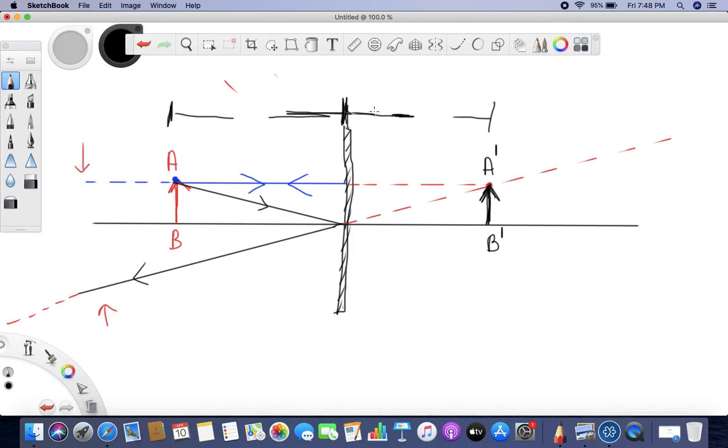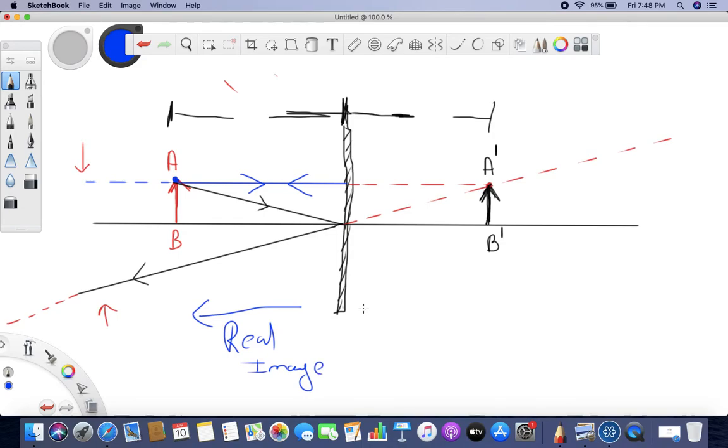Similarly, the height or the size remains the same. You will not see an enlarged image or a diminished image. You will see the same size. And one more important thing, if you are getting an image in front of the mirror, it is called a real image.